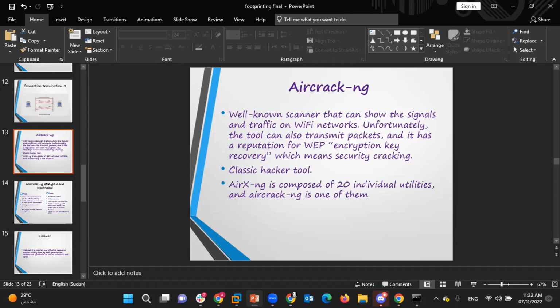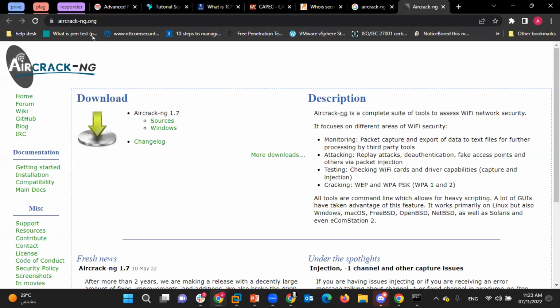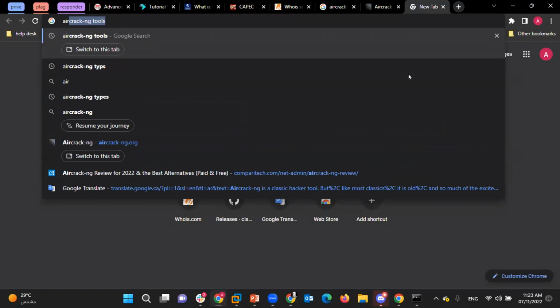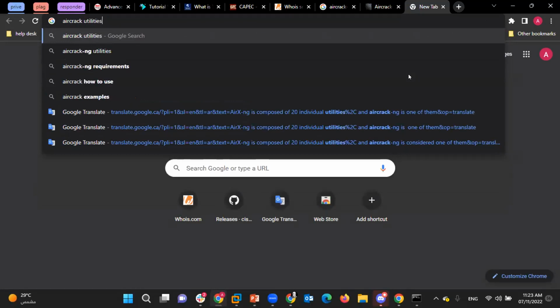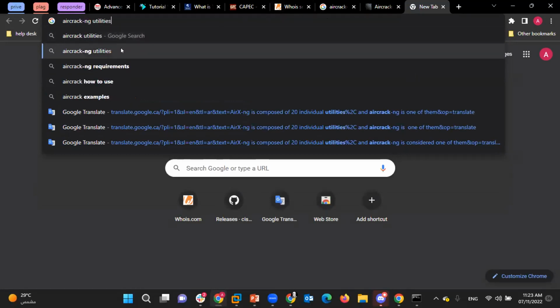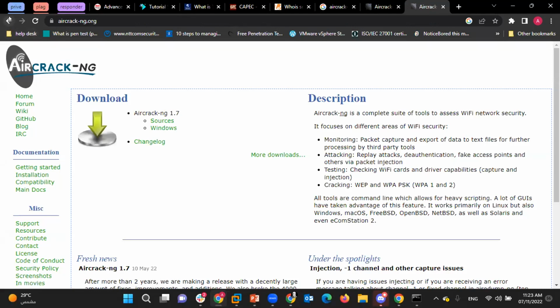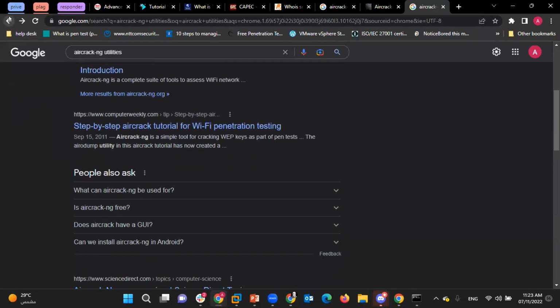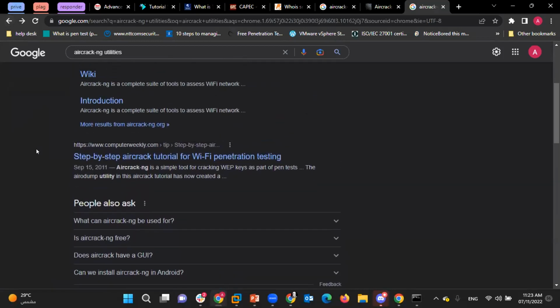Yes, it has individual utilities. We can find that as utilities. Excuse me, where is it? Aircrack utilities. Here. No. If you want to try this tool on your Wi-Fi at home, you can go through these steps.